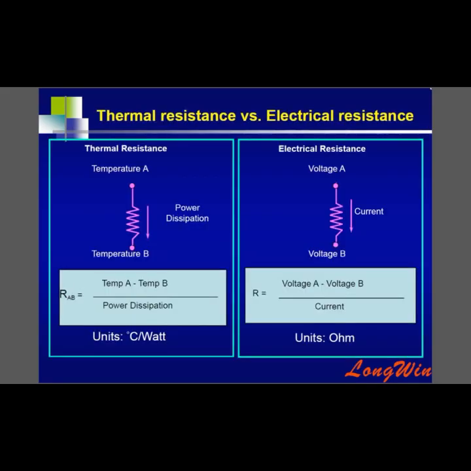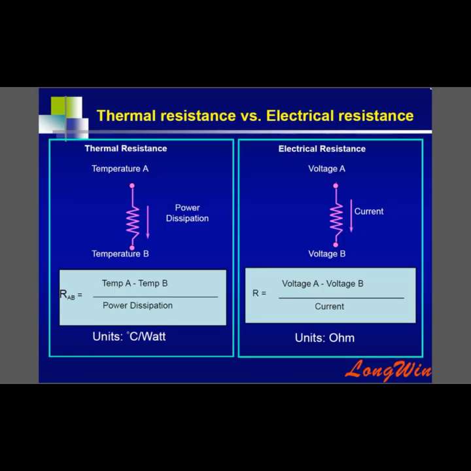Now we'll take a look at the definition of thermal resistance. When a high temperature A transfers the heat to the low temperature point B, in this path, the resistance existing, that's so-called thermal resistance. When the thermal resistance is lower, that means the heat is easier to transport.